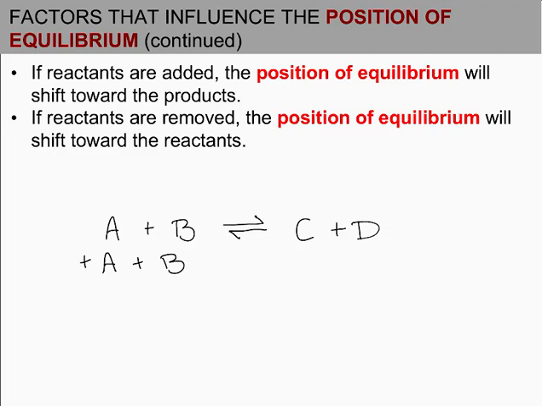That means we have more collisions that can occur between the reactants. So that means we can produce more products. So if we add more reactants, the position of equilibrium will shift toward the products. So we're going to produce more products.